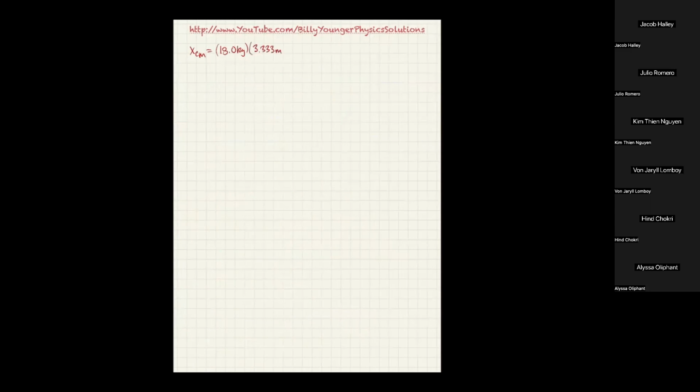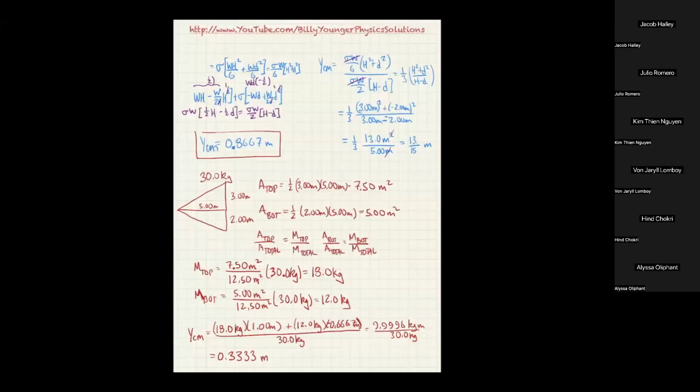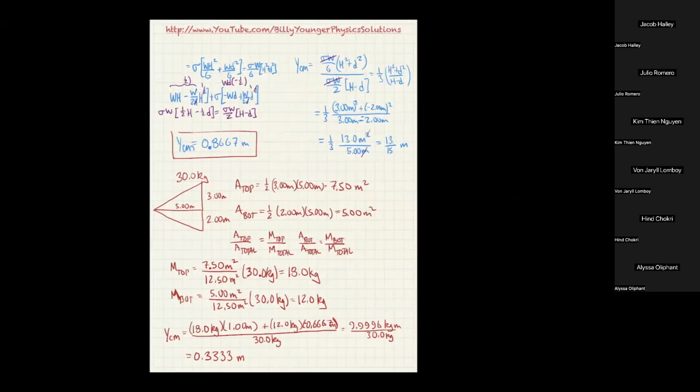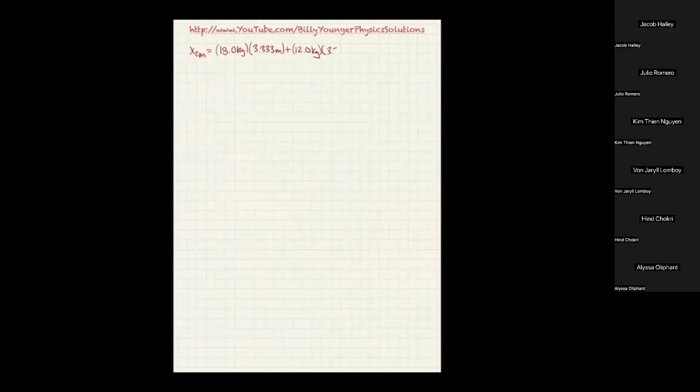So this is going to be 3.333 meters plus 12.0 kilograms times, in this case, the same thing, 3.333, all that divided by 30 kilograms.